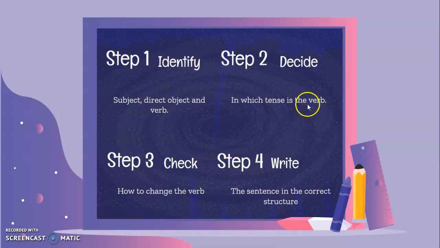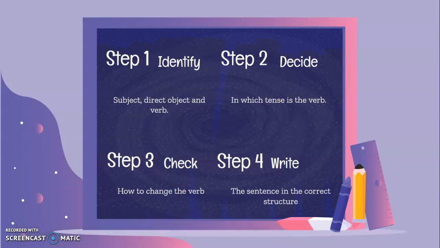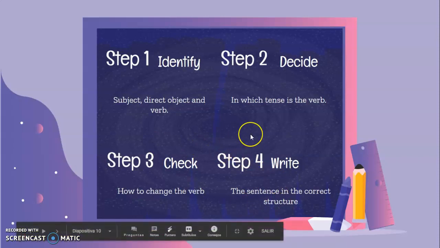The second step is to decide in which tense is the verb. Step 3 is to check how to change the verb. This means to go to the chart and decide if the verb is in simple present or in simple past. What would you add? How would the structure of the verb change? And step 4 is to write the sentence in the correct structure.